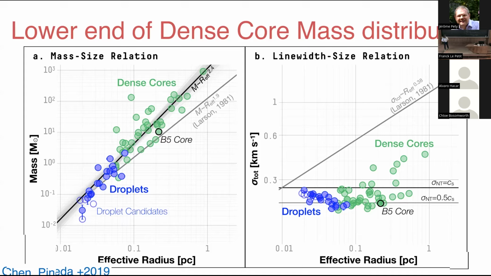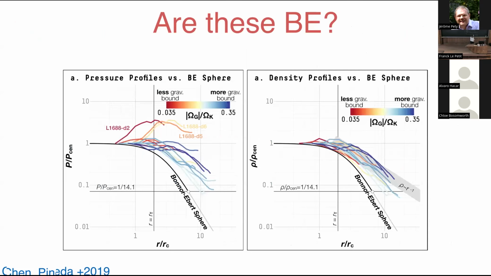So how do we put together this idea? We try to look if they're consistent with pressure confined spheres. Not so much. We compare the pressure from the best profile, the best model that we think for them, and this is the data for the different objects.